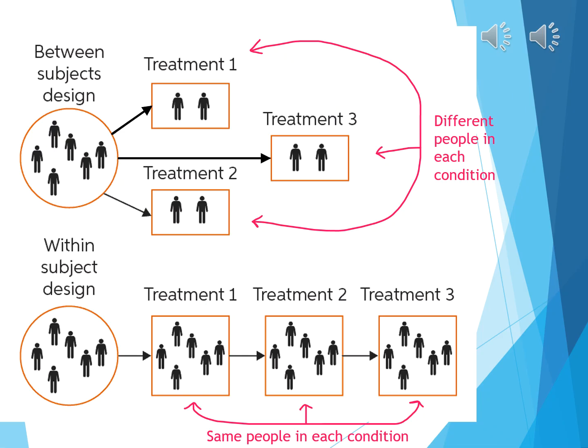And what this is showing with the arrows is that you take everybody in that sample and you put them in some kind of condition. This says treatment 1. If the goal is to treat people's anxiety, maybe treatment 1 is a drug. And then you get an average anxiety score after that condition is met.